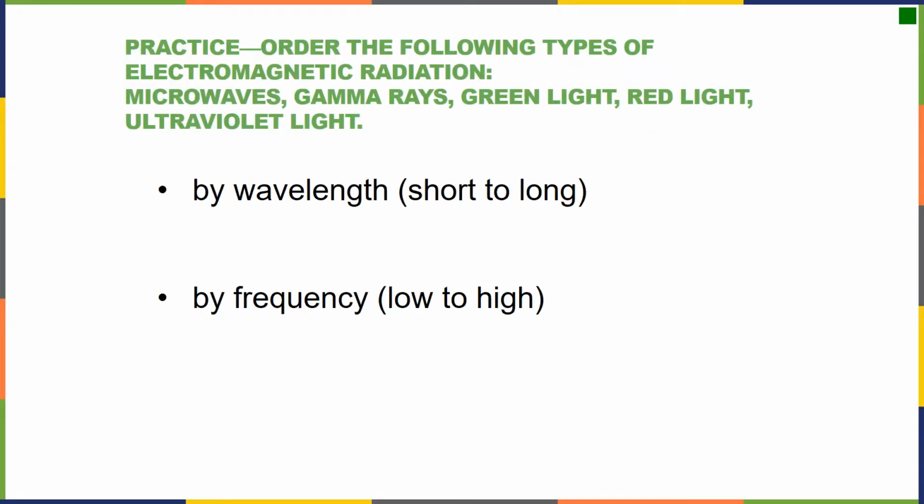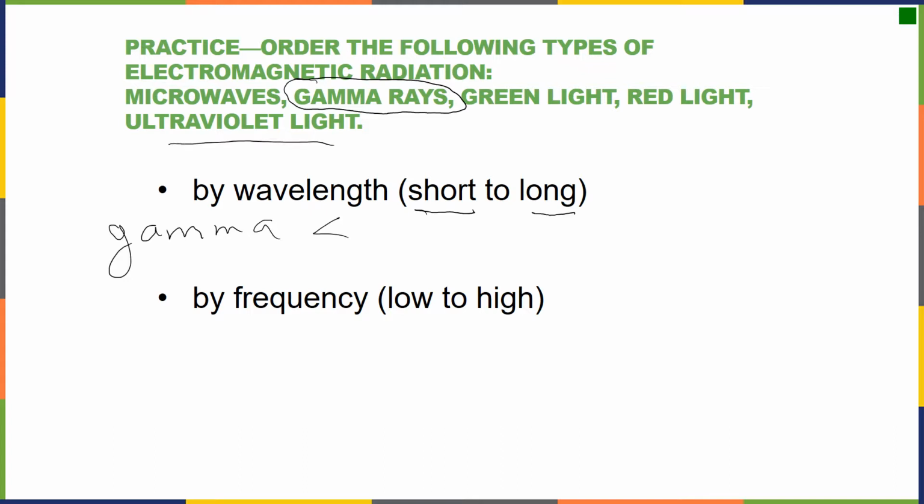So let's start and consider wavelength. We want to go from short to long. The short is going to be the wavelength that has the most waves that go past you, or the shortest distance between. And we would start with our shortest at gamma. And the next shortest would be ultraviolet.